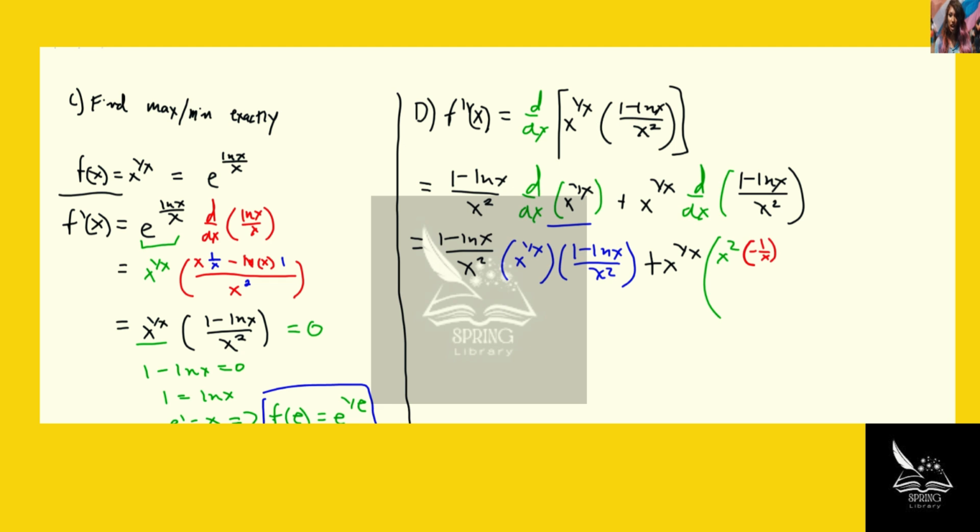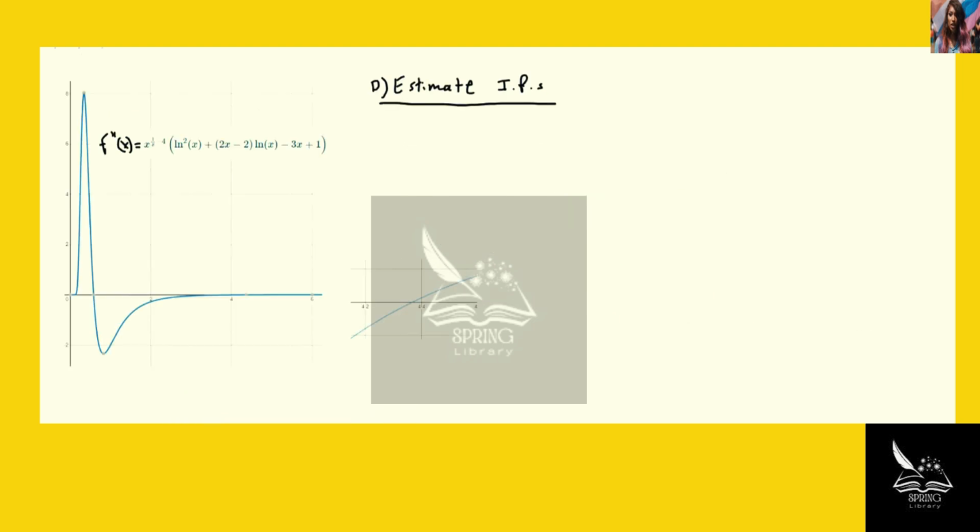And then minus, then the opposite order, so 1 minus natural log of x times the derivative of x squared, which is 2x. And then all over what we have in the denominator squared. So before it was x squared, now it's going to be x to the 4th. And once you do a little bit of algebra, this here will actually simplify to what I have here for our second derivative.